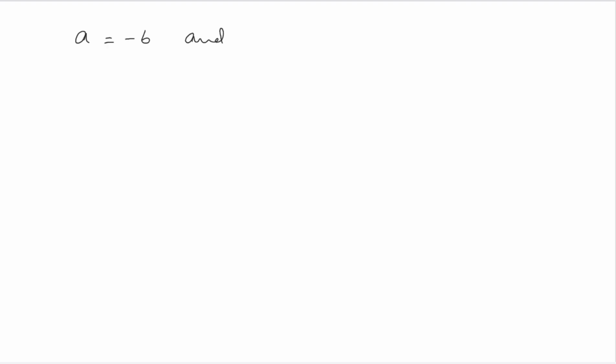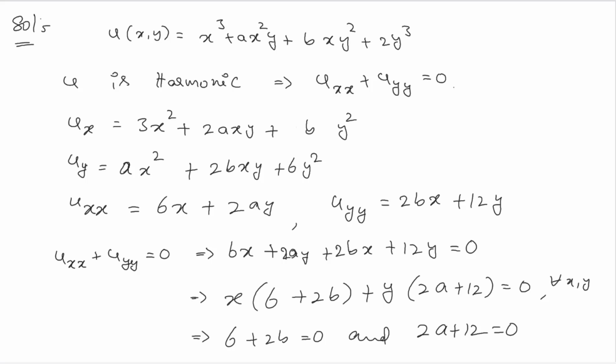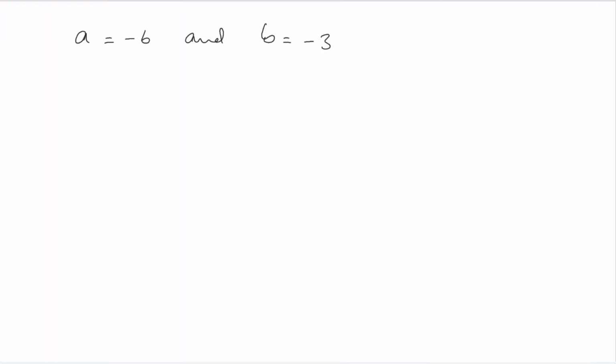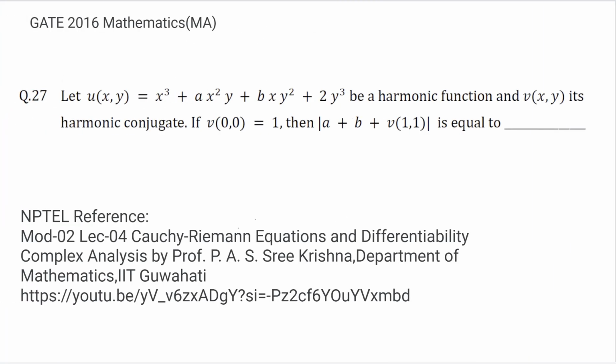Hence from these two equations we get a equal to minus 6 and b equal to minus 3. So from this we got the values of a and b, just by using the condition of a harmonic function.